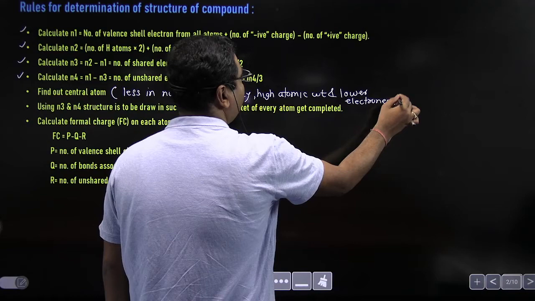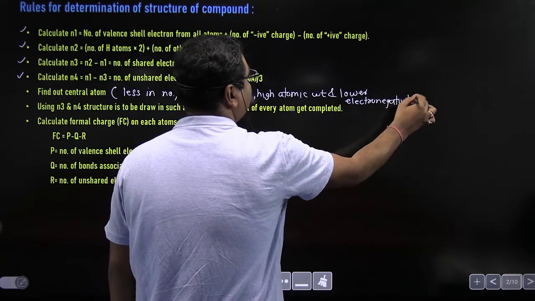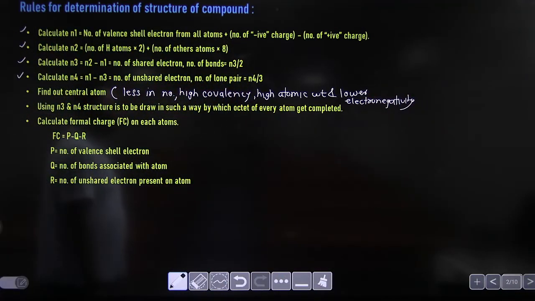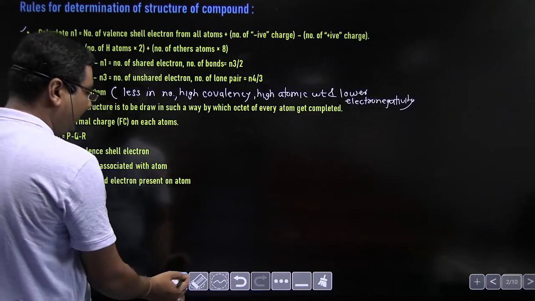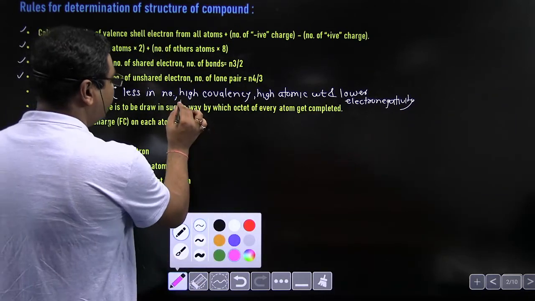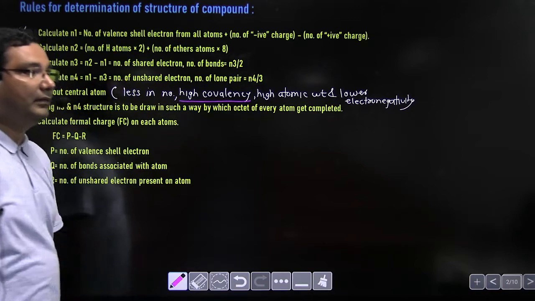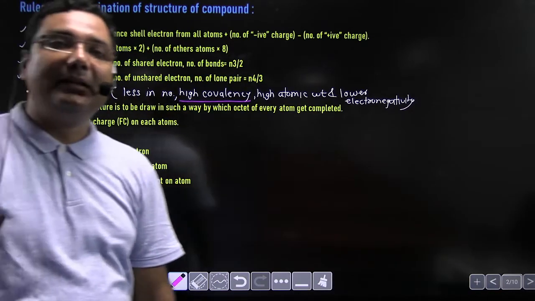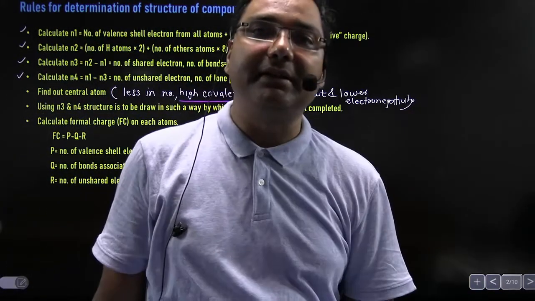So the central atom is characterized by these things. But the main thing that will decide the central atom is the high covalency. Those atoms which are less in number and have high covalency will be the central atom of the molecule.